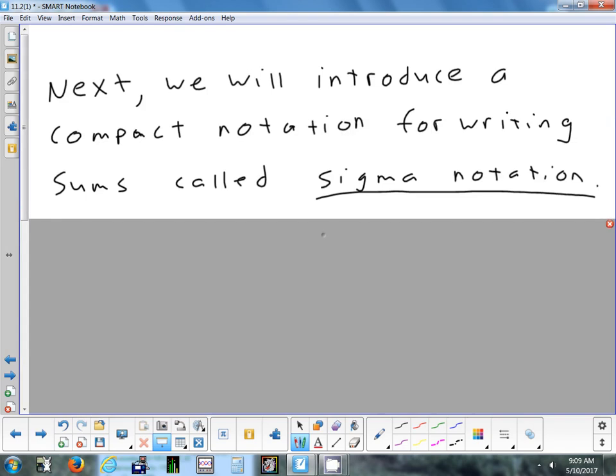And it's called sigma notation. Again, just to be clear, this notation doesn't speed anything up. It's just a short way to write things on paper. That's all it is.